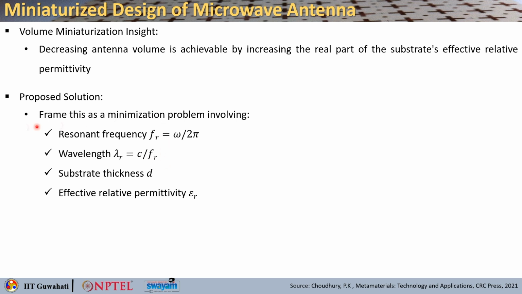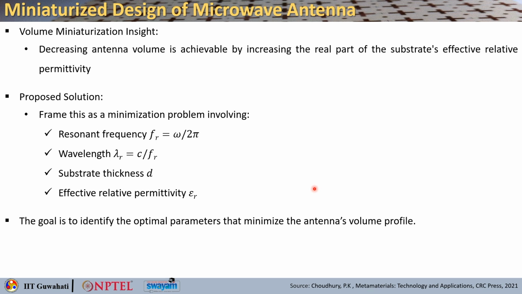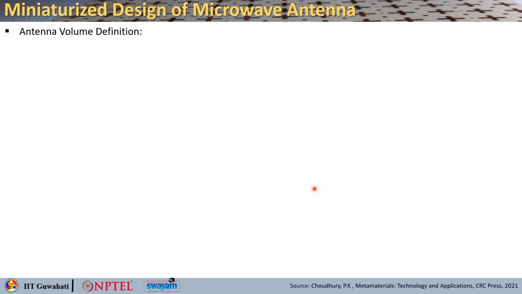The thickness of the antenna substrate d and the effective relative permittivity epsilon r of the antenna substrate. So, the goal is to identify the optimal parameters that will minimize the antenna's volume profile.